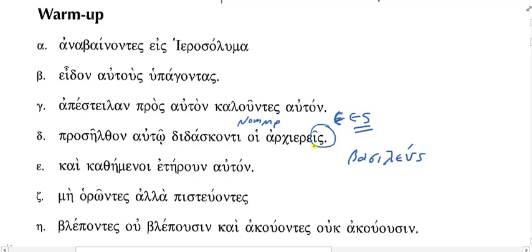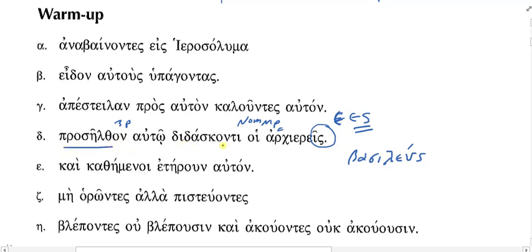That's going to follow that same pattern. Anyhow, I'm trying to think of other ones that you may have learned, but this is a third declension noun, and so it's going to be the subject, and then proselthon, because it's plural, by the way, proselthon is third person plural in the secondary active endings, isn't it?